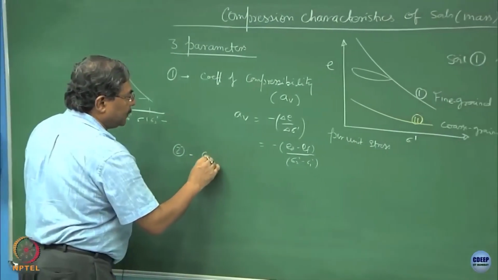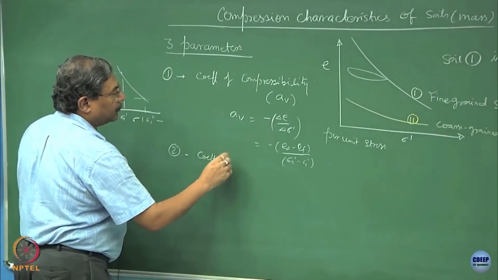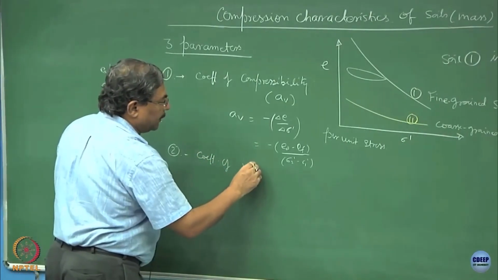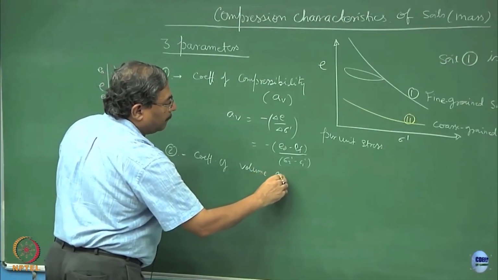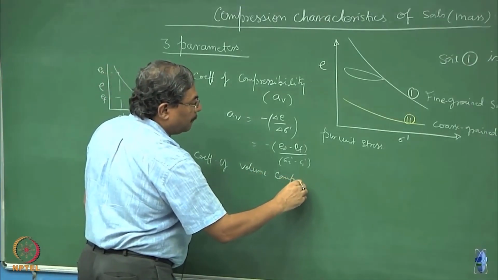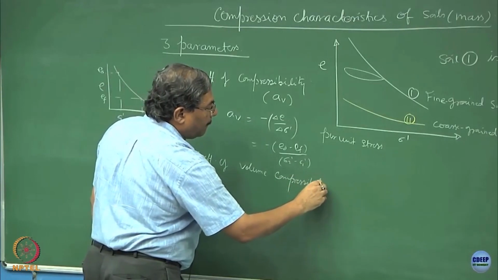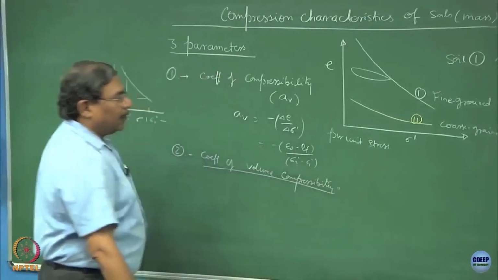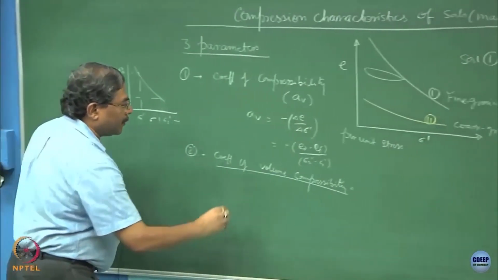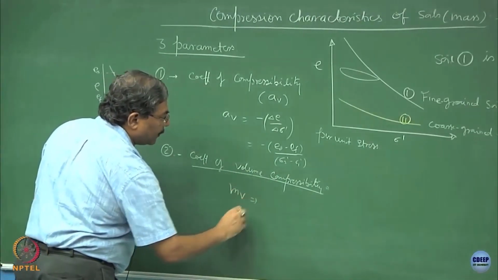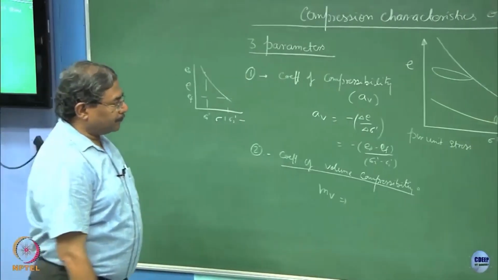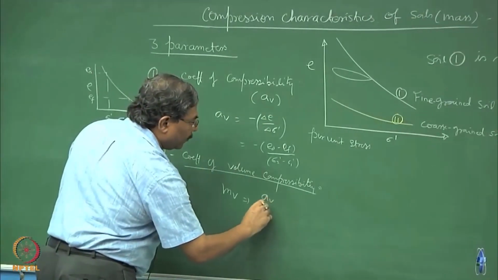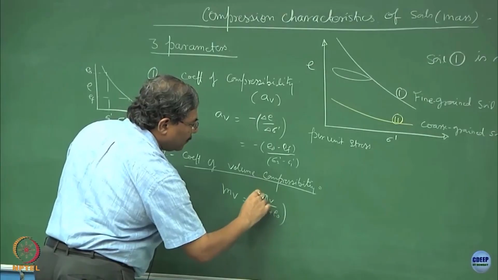The second one is the coefficient of volume compressibility. We define this as mv, and this is equal to av over 1 plus e naught.